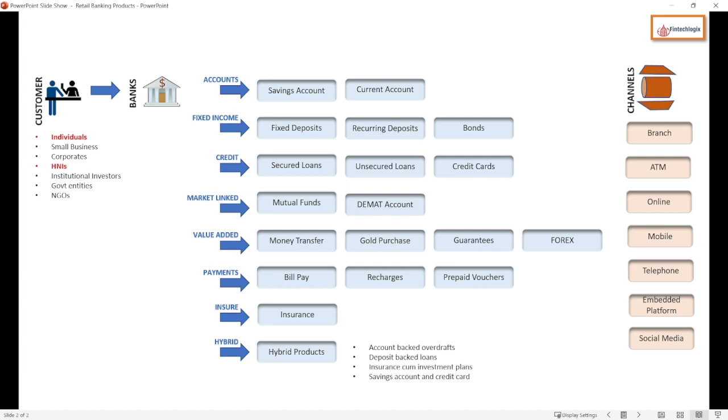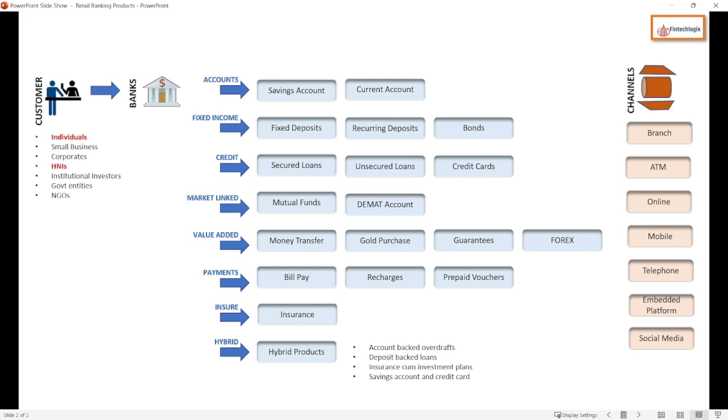An example is, you can withdraw money at an ATM or branch. So ATM is one channel and branch is another channel. Now, you can place your trades, your buy and sell of shares, either through your mobile app or through the telecalling channel. So telecalling is one channel and your mobile app is one more channel.